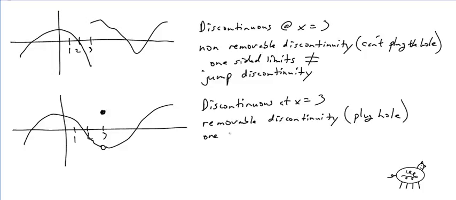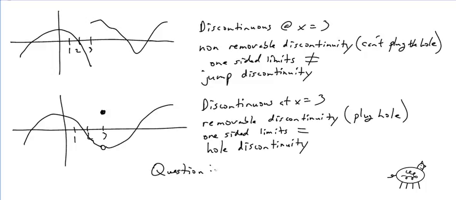The one-sided limits are equal for this one. Sometimes you refer to it as a hole discontinuity. Okay, here's a question for you though, and I kind of gave it away already a little bit. What makes a function continuous?